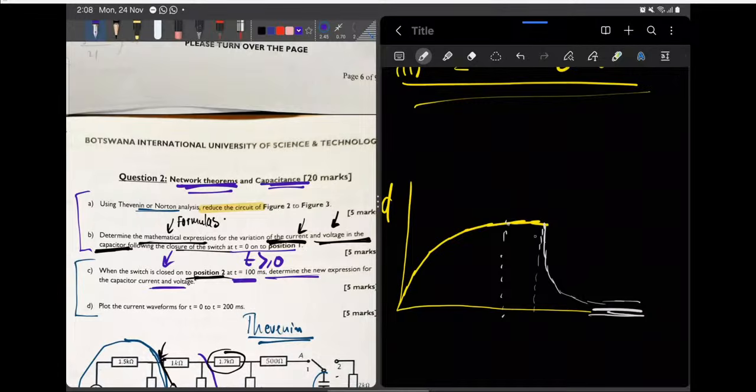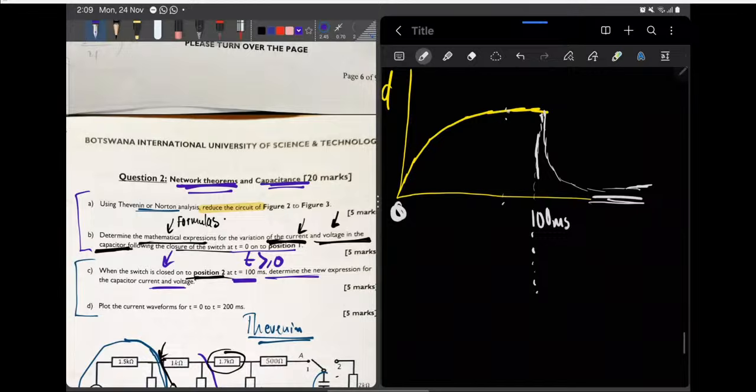We know that at 100 milliseconds, that is when it's going to start discharging, and from 100 going all the way to 200, that is what you'll have. Sometimes you can put it going down like this, then going back up like this.